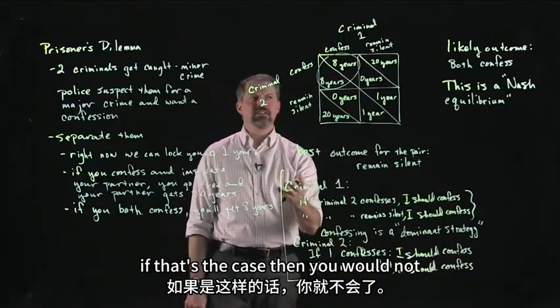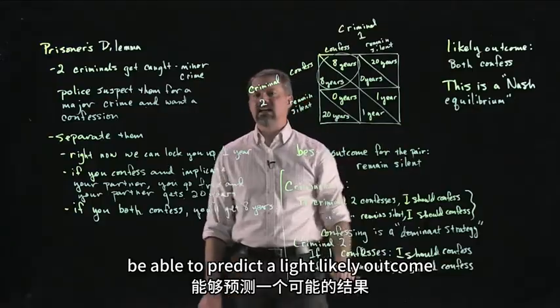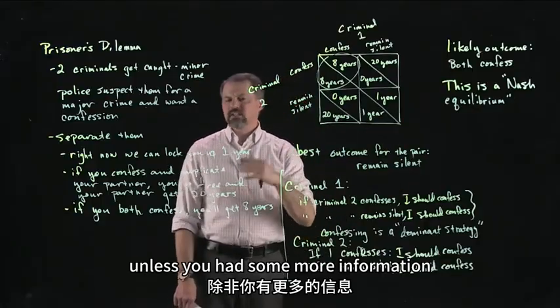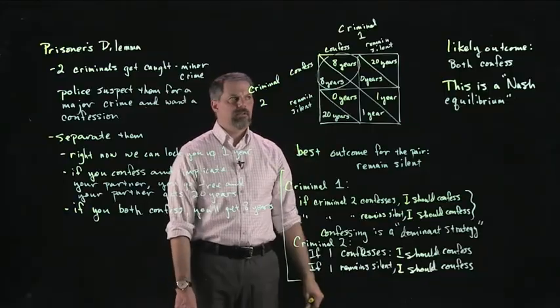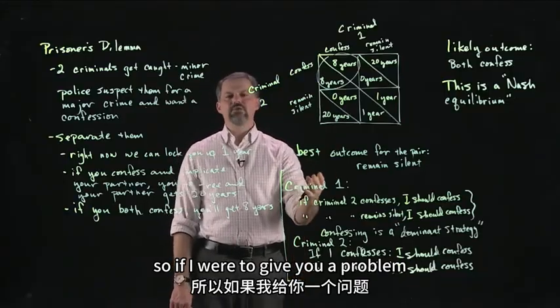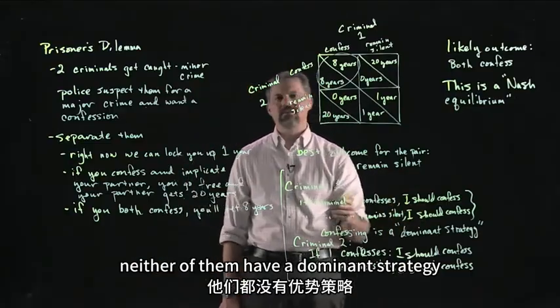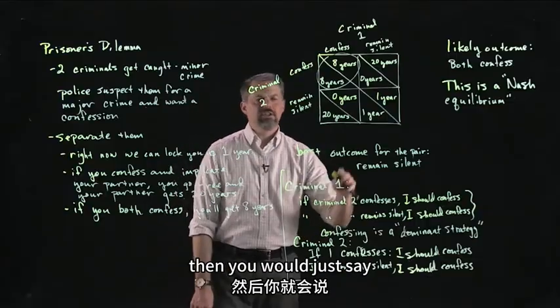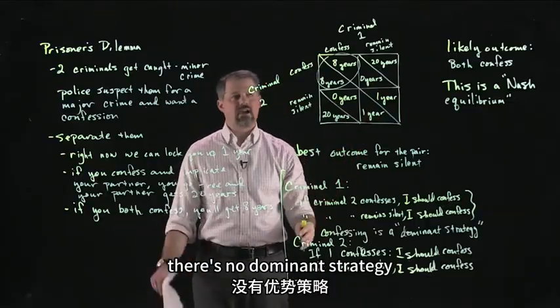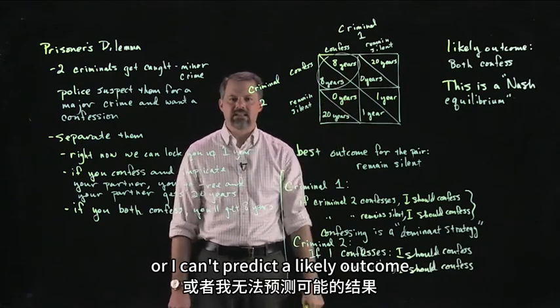If that's the case, then you would not be able to predict a likely outcome unless you had some more information. Okay? So if I were to give you a problem and you go through this process and you realize that neither of them have a dominant strategy, then you would just say there's no dominant strategy, or I can't predict a likely outcome.